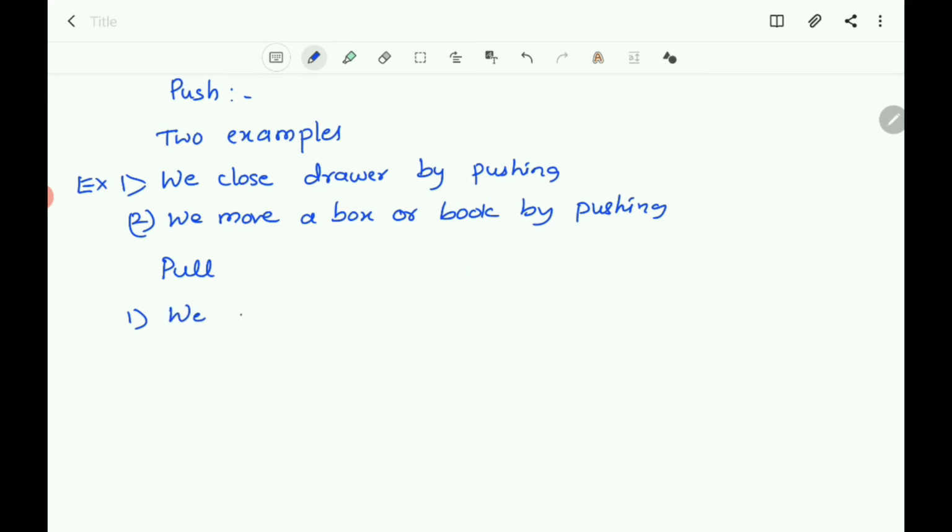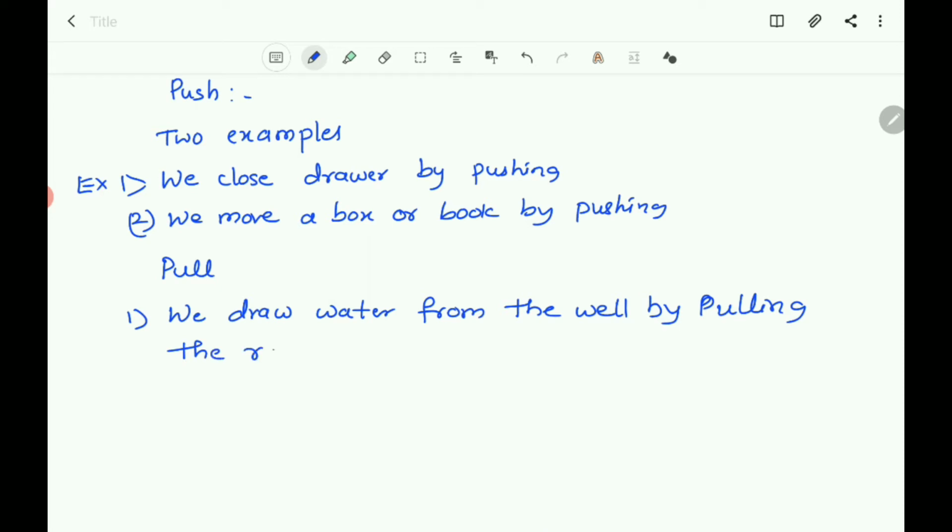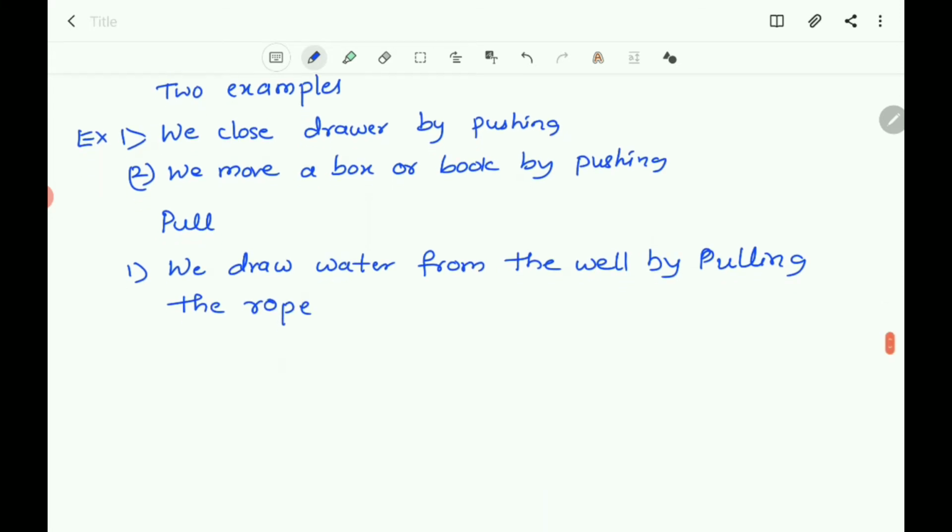We draw water from the well by pulling the rope. One example.